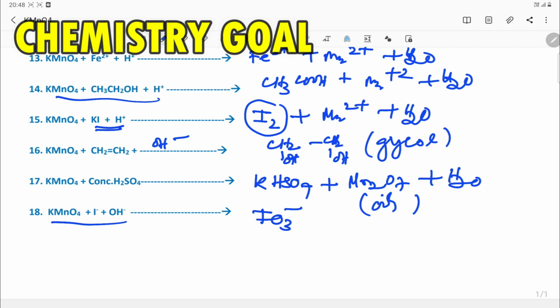It oxidizes iodide to iodate, and itself is converted to MnO2, manganese dioxide, and water. Okay. So in all these cases, it is mainly the oxidizing nature of potassium permanganate, either in acidic or basic medium. These are the very important reactions of potassium permanganate we discussed.